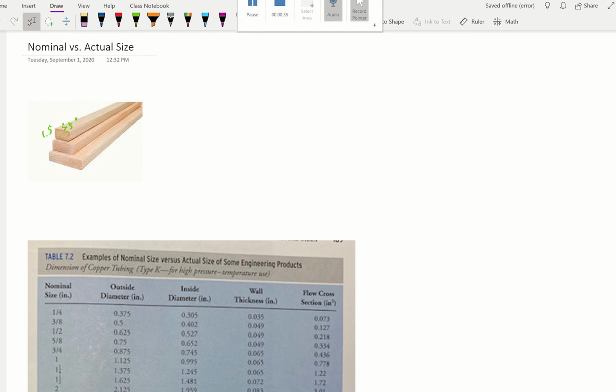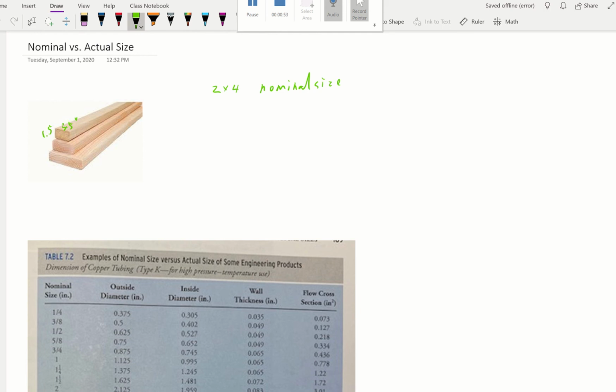That's why we call this 2x4 the nominal size, and the actual size is going to be 1.5 by 3.5.